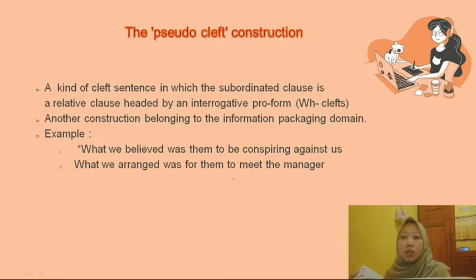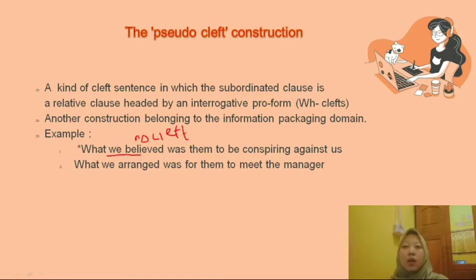As such, it can be placed in the position of complement to the verb be. And example number 1, we cannot divide into two parts because the sentence has no cleft clearly, and the sentence is a unity.